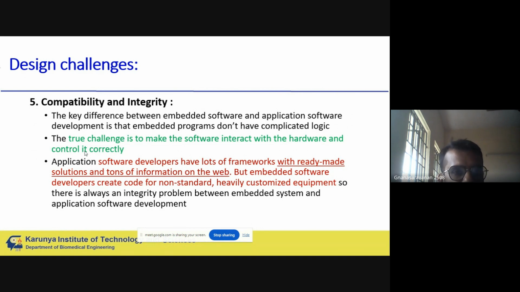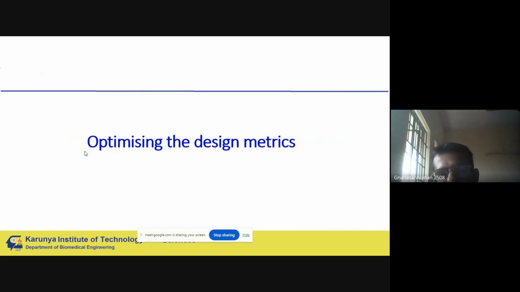Else, they'll blindly take some ready-made code, modify, alter, and then give it to us. That's the style they work in. So integrity is always a challenge or a problem or an issue. Similarly, compatibility. Our embedded systems should be compatible in all environments.